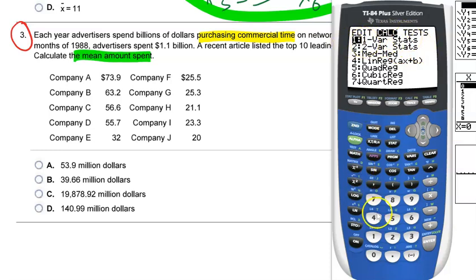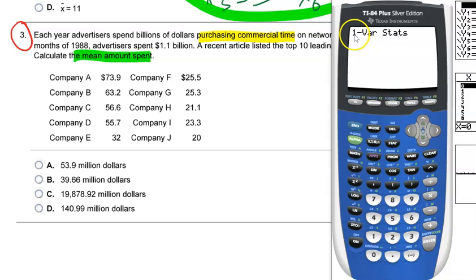Since this is highlighted, press 1 so that you see 1-Var Stats, and this is blinking here. By default, this calculator takes the data from L1. Since you put the data in L1, you don't have to do anything. But if you put the data in L2, you have to type L2 here. Since your data is in L1, you're good, but you can still type L1.